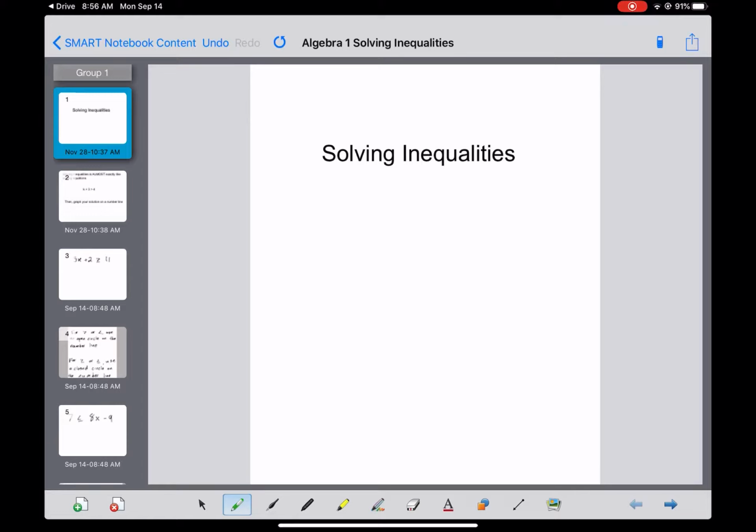So instead of using an equal sign in these, we're going to be using symbols like these, which mean greater than or less than. So greater than or less than. Now you always read these from left to right.